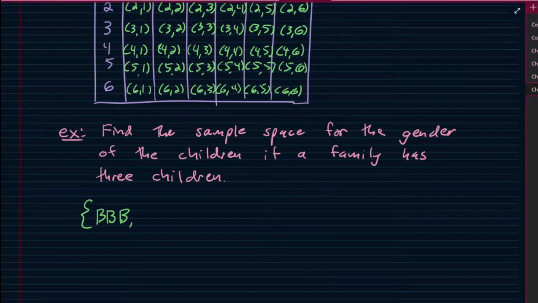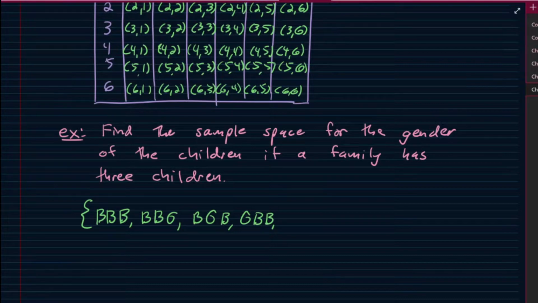Perhaps we have another one: boy, boy, girl; boy, girl, boy; girl, boy, boy. So I'm doing this systematically, where first I listed the entry that has 3 boys. Now I'm listing the entries that have 2 boys. Then I'll list the entries that have 1 boy and then 0 boys. Because when listing things in a sample space, you want to go in some systematic way, because you're a lot less likely to mess up by repeating the same outcome or missing an outcome.